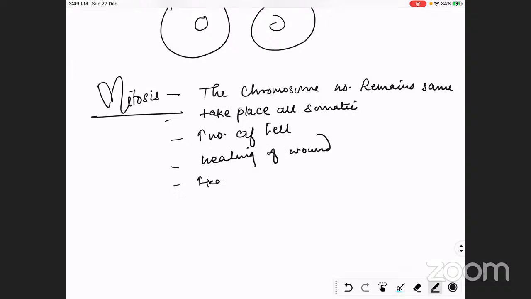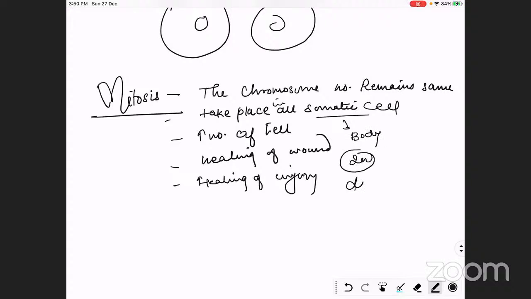Healing of injury. Somatic cell means body cell, 2N cell, diploid cell. Okay, diploid remains diploid. All body cells are diploid. Sex cells are haploid.